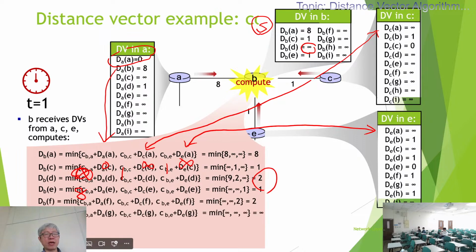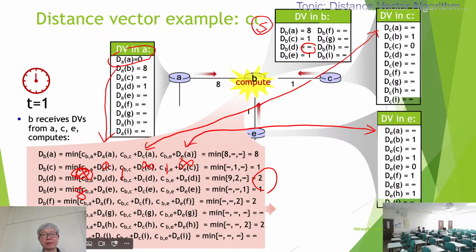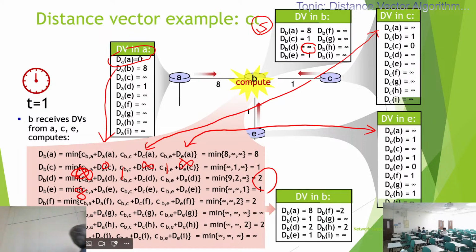And so we have the possible update for B. So you can have the new result for the distance vector in node B. We have 8, 1, 2, 1, 2, infinity, 2, and infinity. And this current table is different from the old table.